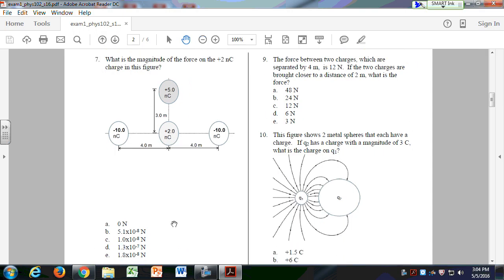The force due to this particle is in this direction, and the force due to this particle is in this direction. Because they're equidistant and the same charge, these 2 forces will cancel out. So all you're left with is the force due to this particle, which is in this direction. Then that becomes a fairly straightforward problem.